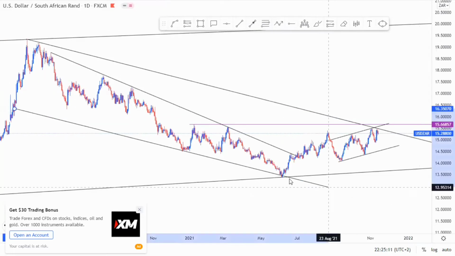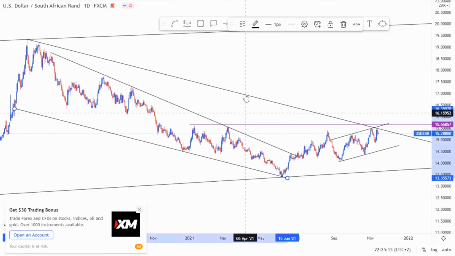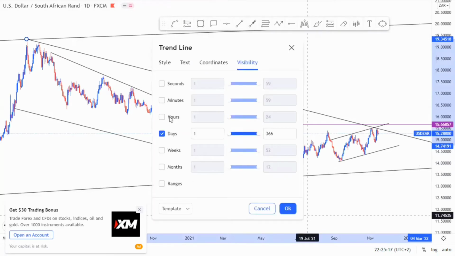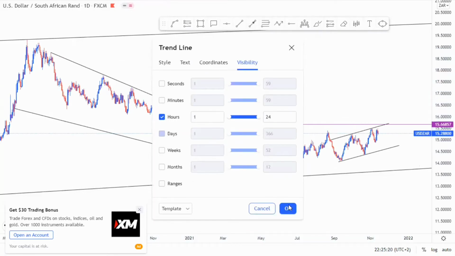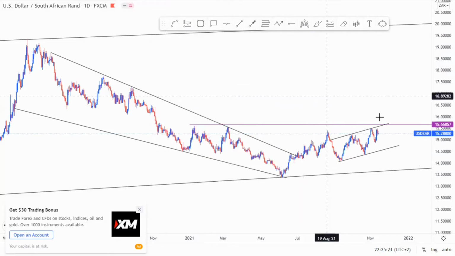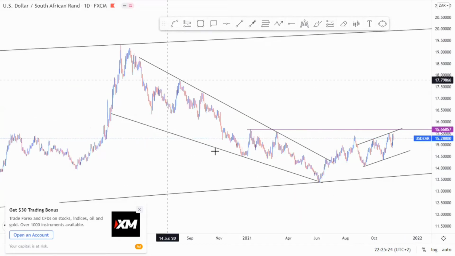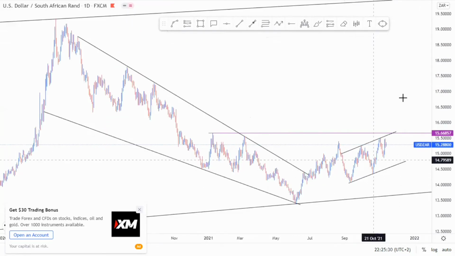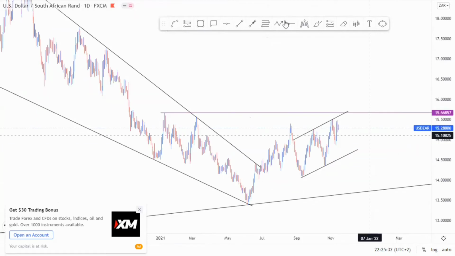As you guys can see, if I can just hide this, here was a reversal pattern also, but this is something like a falling wedge, and it broke out of the pattern.